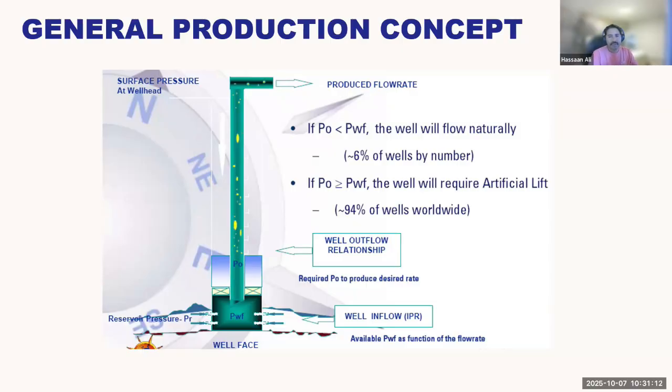There are different types of artificial lift systems: your electrical submersible pumps, gas lift systems, progressive cavity pump systems, sucker rod pump systems, your jet pumps, your capillary lift, your plunger lift. All these are different types of artificial lift systems that are required so that you can reduce your P naught so that your PWF becomes higher than your P naught.